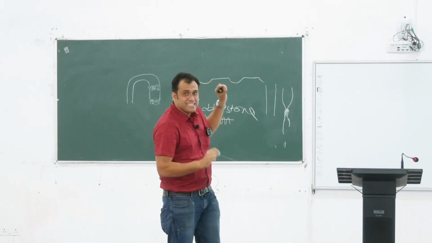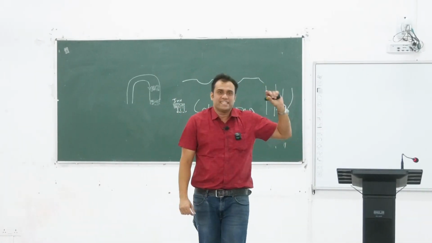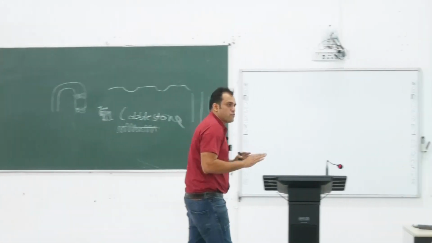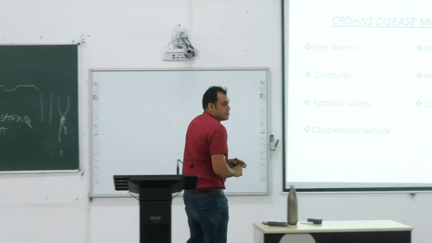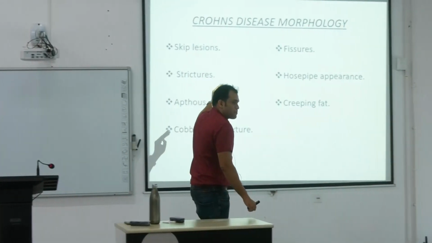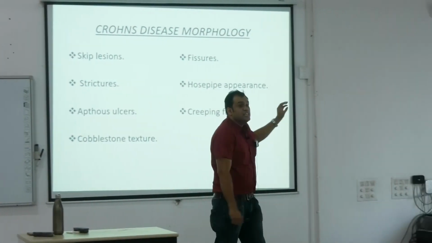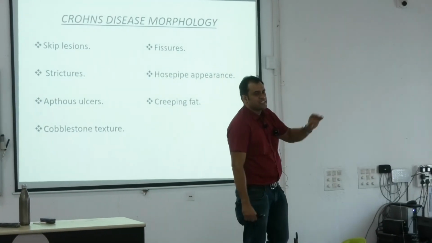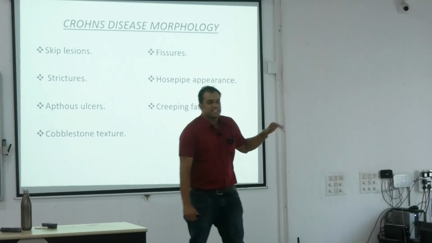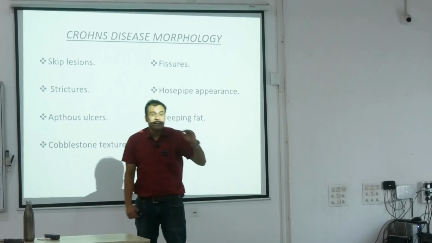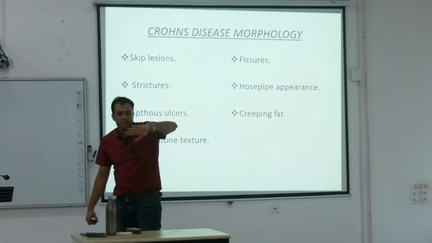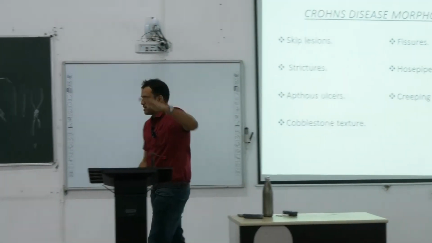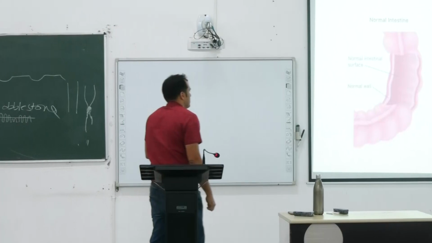Now, I have not explained anything inside. If you know the heading and if you read the book, I think that will be sufficient for you to understand. Remember: aphthous ulcer, skip lesions, cobblestone appearance, strictures, hosepipe, fissures, etc. So again, creeping fat: in case of extensive transmural disease, the mesenteric fat creeps over the serosal surface. This diagram may be tough.